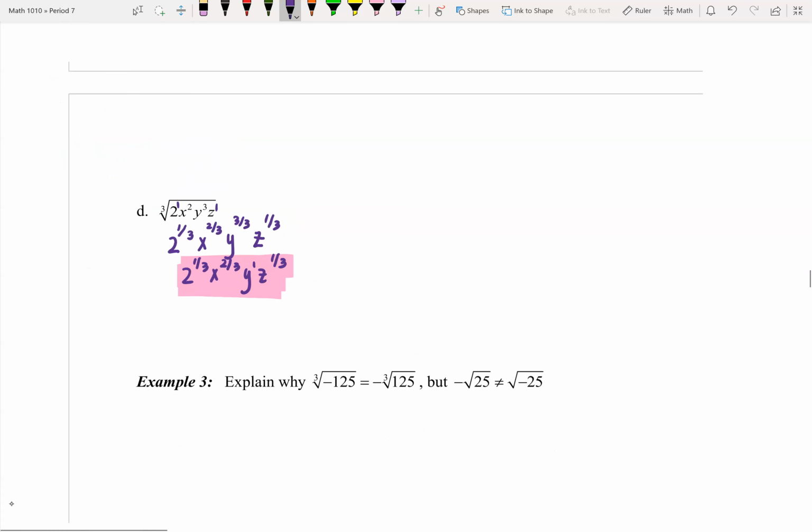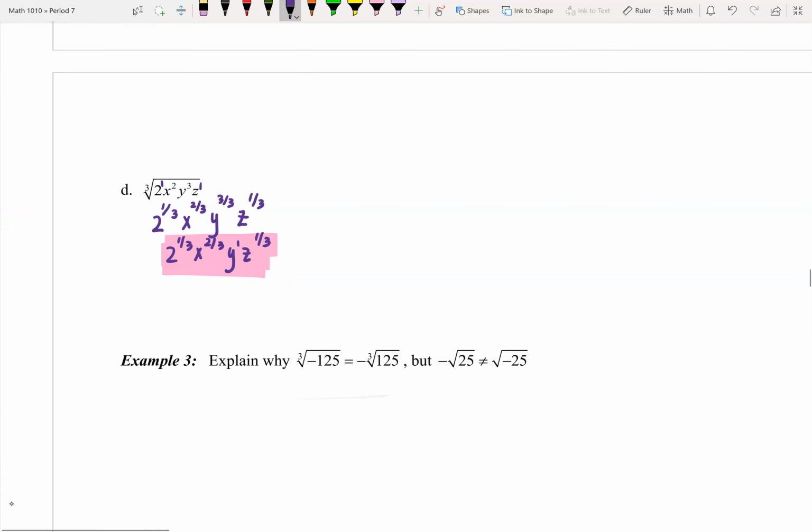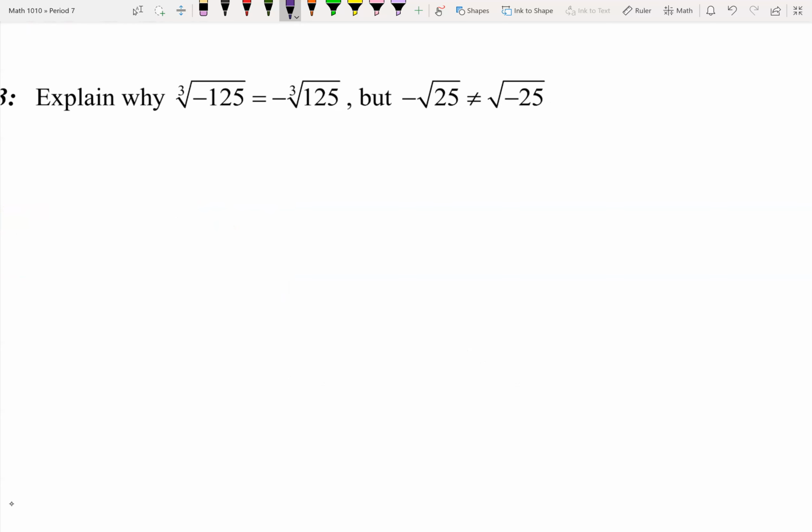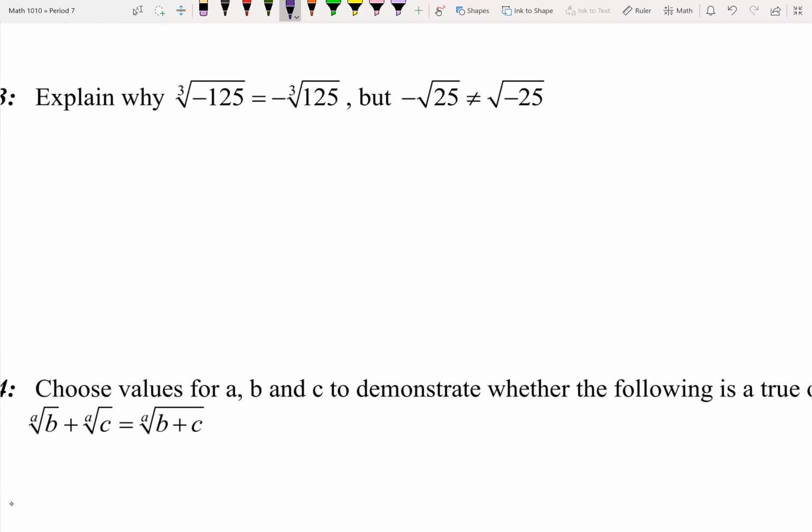Was that one highlighted? No? Okay, let's do question D. Weber State loves to have you compare things and describe. So I'm telling you, every time you get it, do it mathematically and then write a sentence. That's the safest way. So everybody look at the cube root of -125. Inside of there, I want you to write it as the cube root of -5 times -5 times -5, because -5 times -5 times -5 is -125.